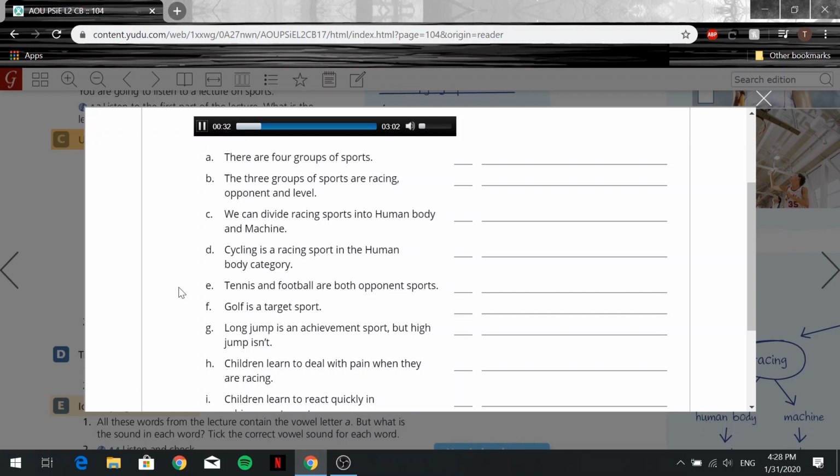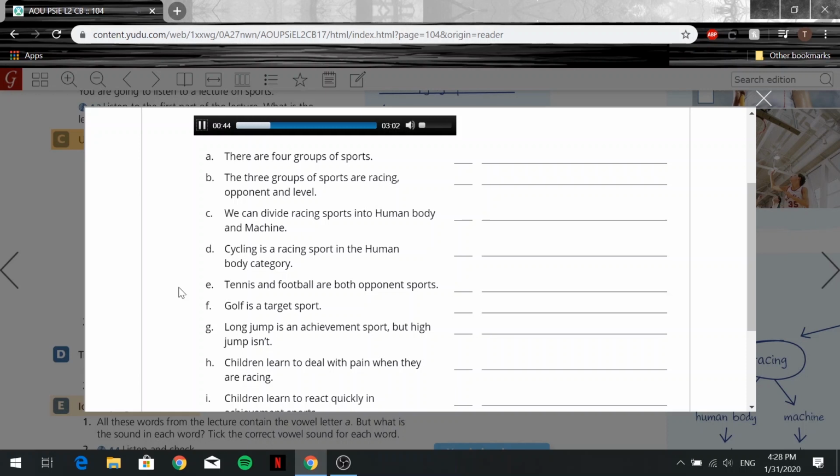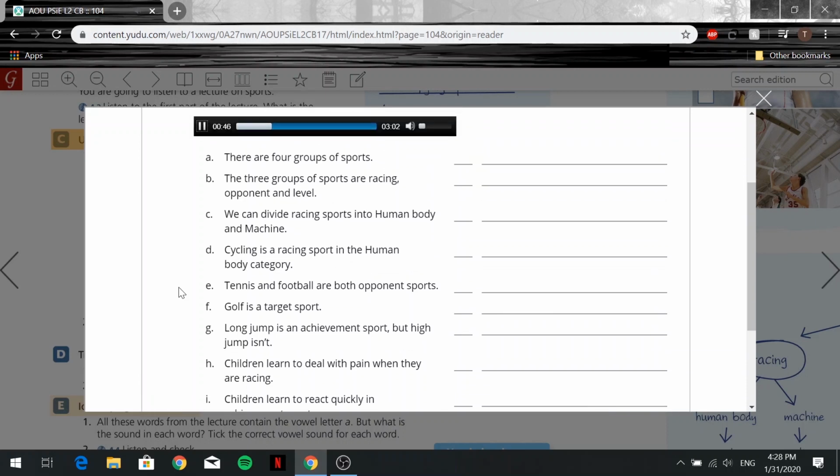So, we've seen that sports can be classified into 3 groups. Now, what sort of sports go into each category or group? Let's look at the first group, racing, trying to go faster than another person. There are two subcategories here. Some racing sports just use the power of the human body, for example, running and swimming. Other sports in this category use the power of machines.